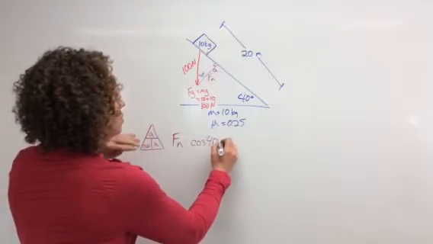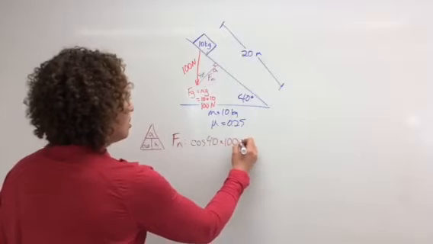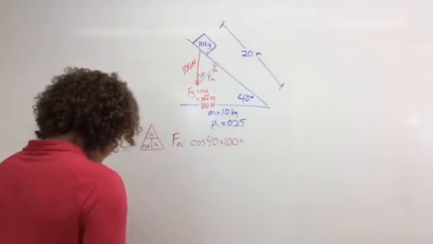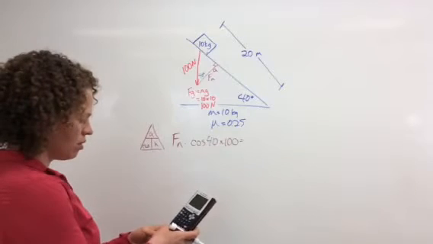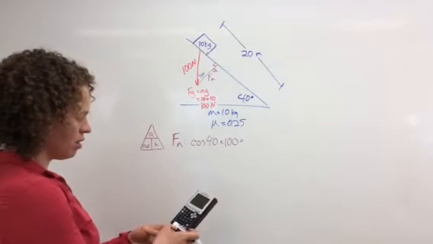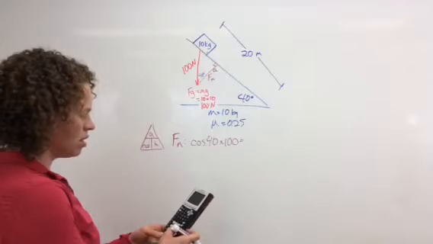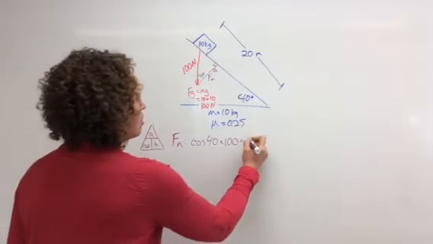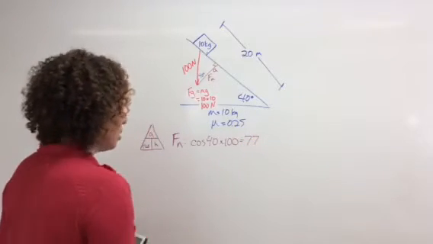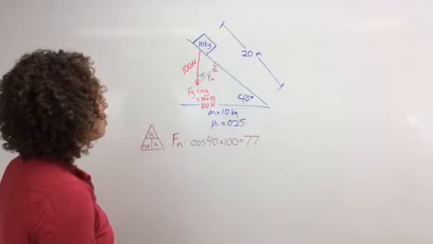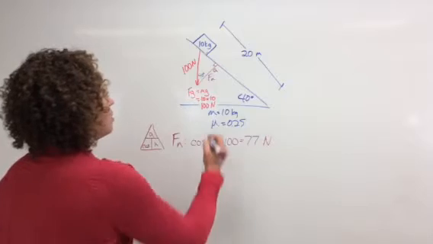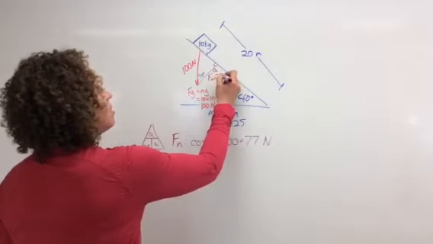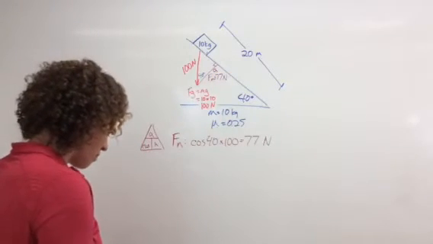Cos of 40 degrees times 100, use my little calculator here, cos 40, close bracket, times 100 equals 76.6. So we're just going to go ahead and round it because we're not dealing with a lot of significant digits here. So I've got 77 newtons on this side of the triangle.